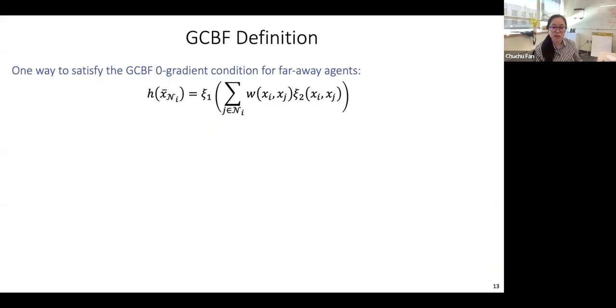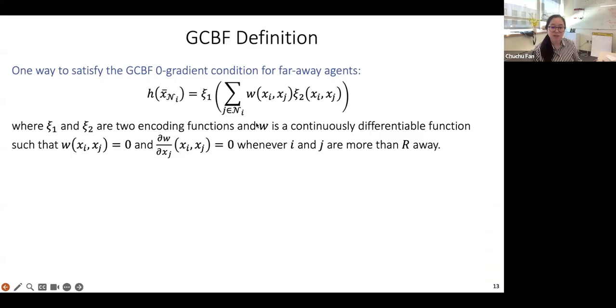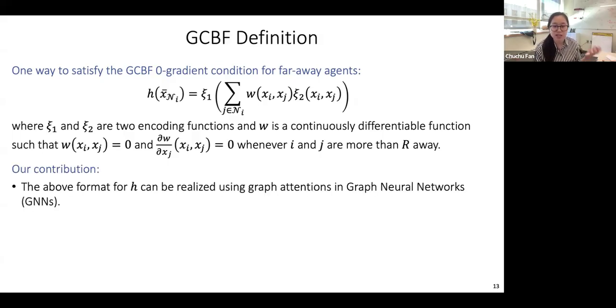One way to do it is to encode my h in this above formula, where psi1 and psi2 are two encoding functions, and this W is a continuously differentiable function that is 0 for agents that are away from each other. This may look a little strange, but actually this is a very natural way of encoding h if we just use the graph attention idea.